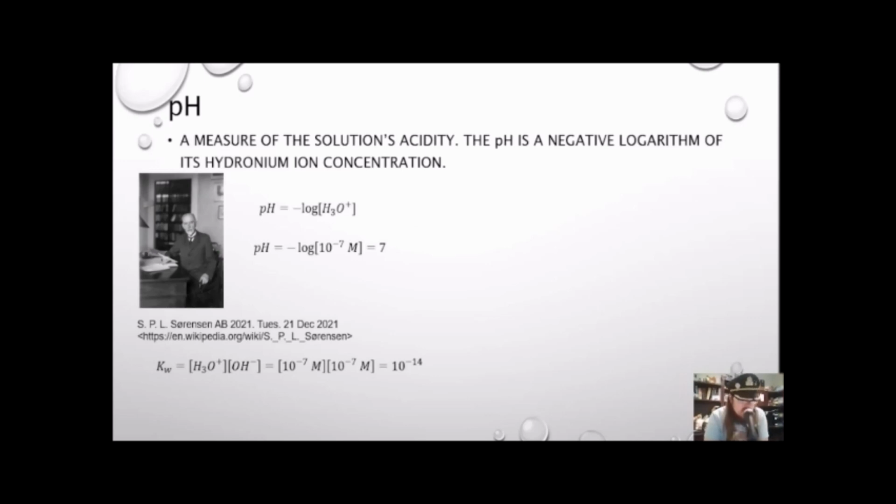Now, how do we actually measure this strength in acid? How do we measure the concentration of hydronium? Sure, we can measure out the direct concentration, but it's really kind of hard. How do we try to justify?